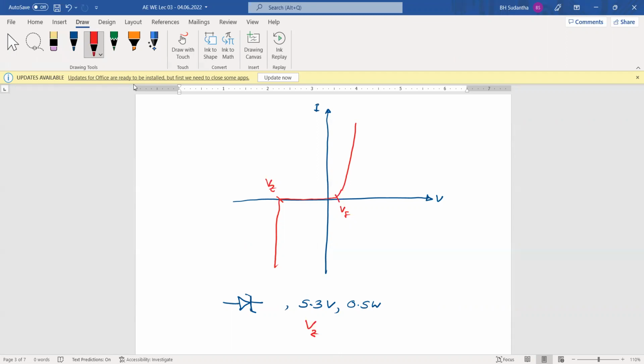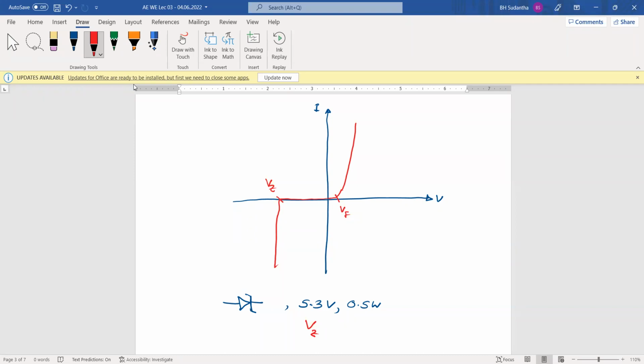But for the forward side, when you forward bias the Zener diode, it behaves like a normal diode. But you can reverse bias the Zener diode, and you can use this reverse bias mode for useful action. When you reverse bias the Zener diode, at a certain voltage, it starts conducting.